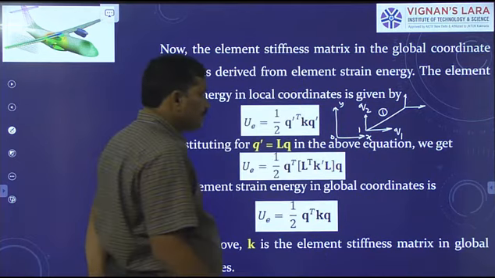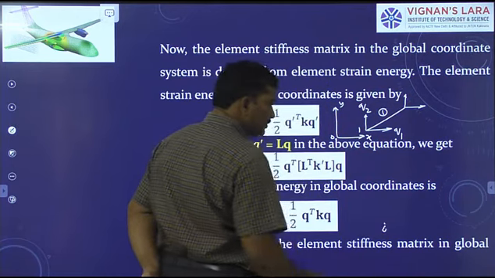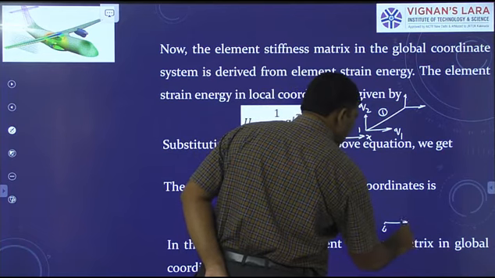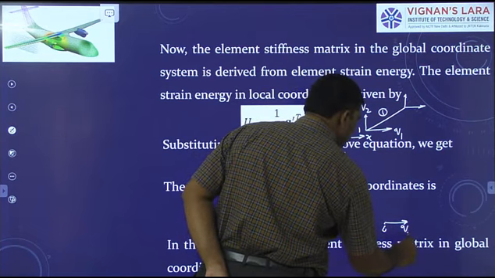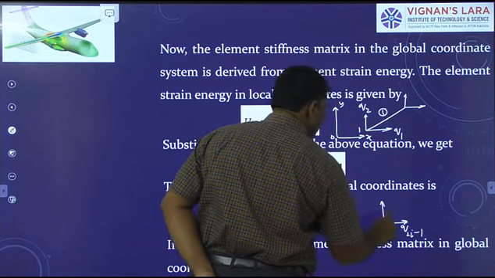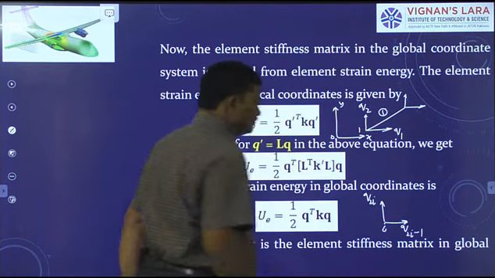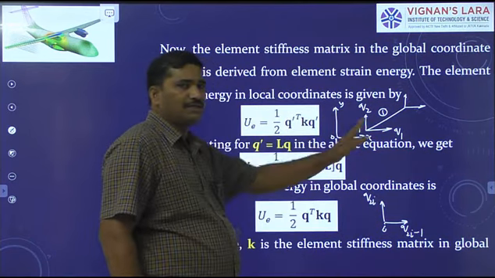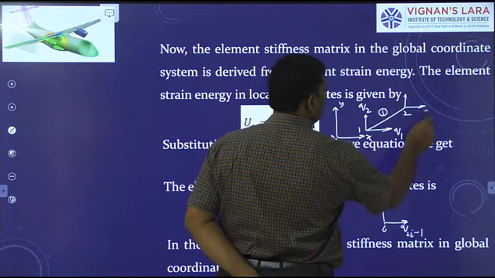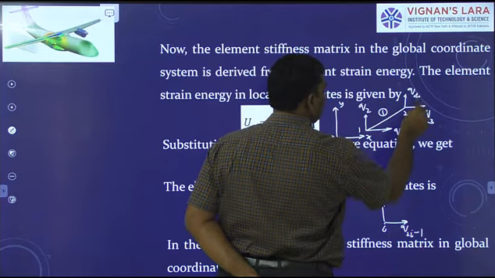I told you, if i denotes the node, the displacement in the direction of the x-axis is denoted by Q2i minus 1 and the displacement in the direction of the y-axis is denoted by Q2i. Accordingly, I have specified. Next, this is node 2. Therefore, this is the displacement Q3 and this is the displacement Q4.